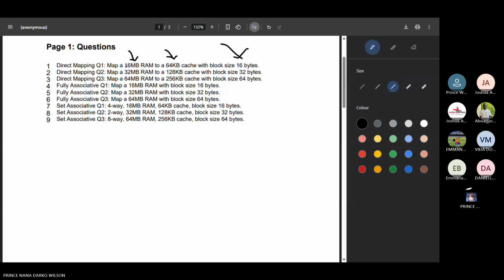So this is the RAM, this is our cache, this is our block size. Let's start with 16 megabytes. If we convert this into bytes, what are we going to have? Two raised to the power 24.